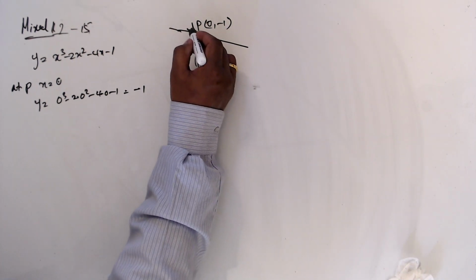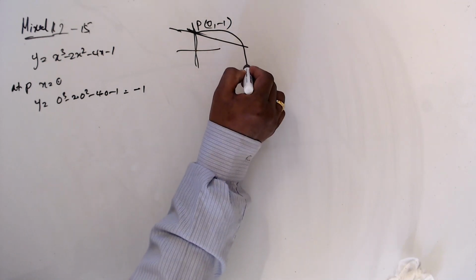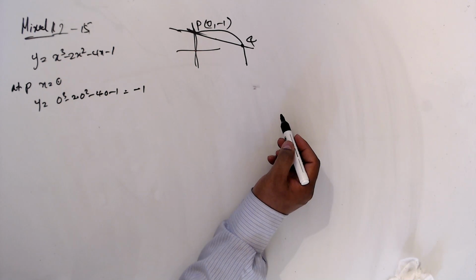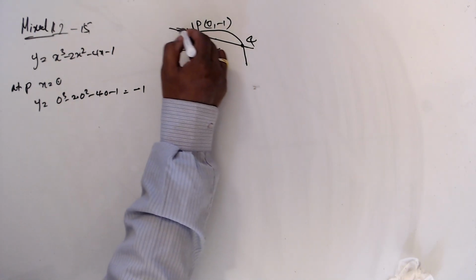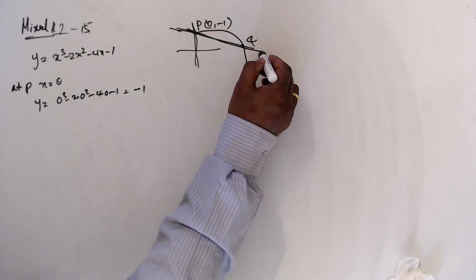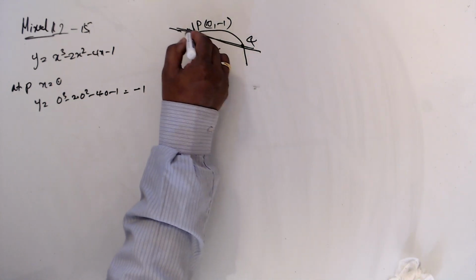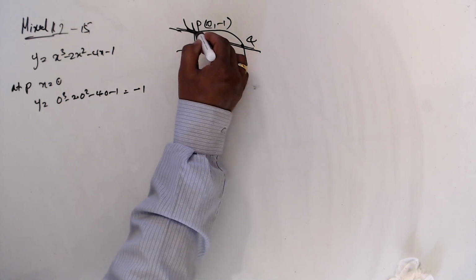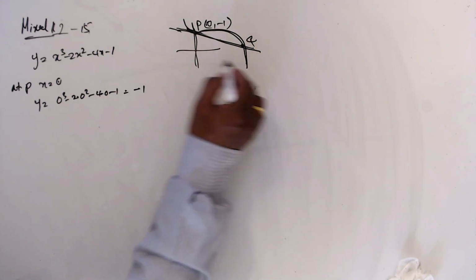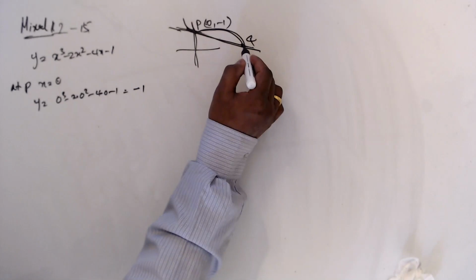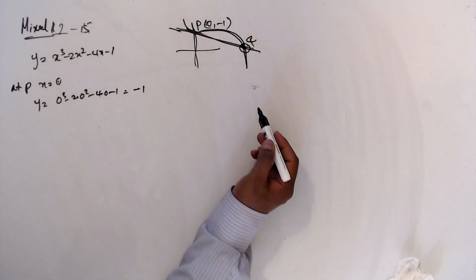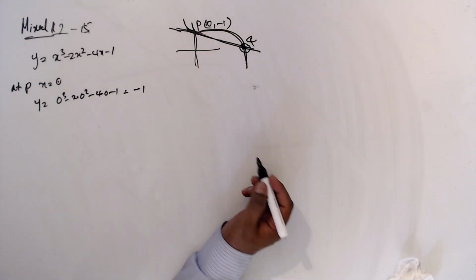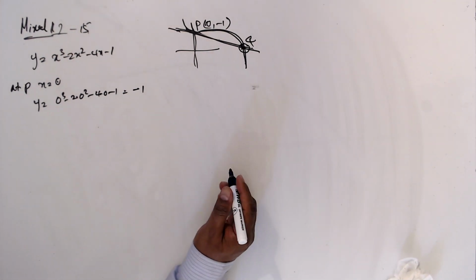This tangent line cuts the curve again at Q. So if we know the tangent line equation, we know the point, we can find it by dy by dx. We can find the equation, and we know the equation of this curve. Then we have to solve simultaneously to find point Q. Then we want to find the distance. So that's basically all. We'll work on it.